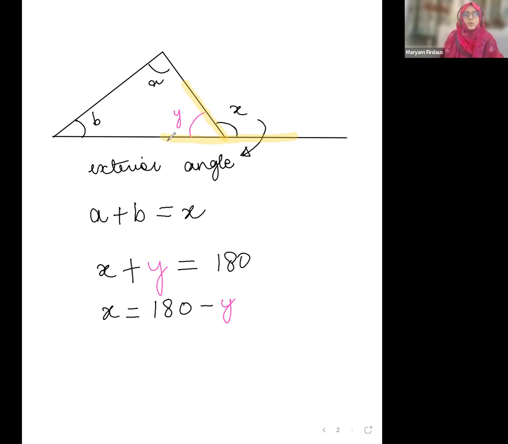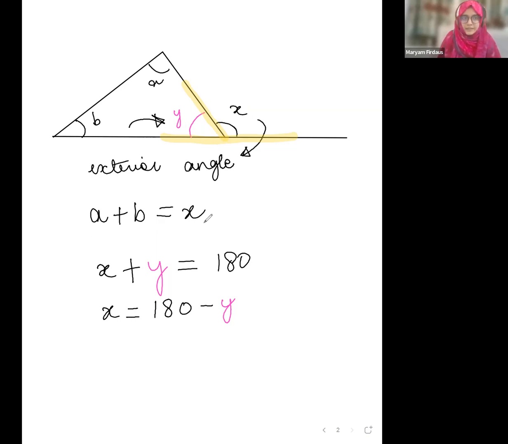Okay. So your question was, what if this angle is inside? Or in other words, how will we find this angle over here? You can call it whatever you want, but the angle is going to remain the same, right? So how do we find that?